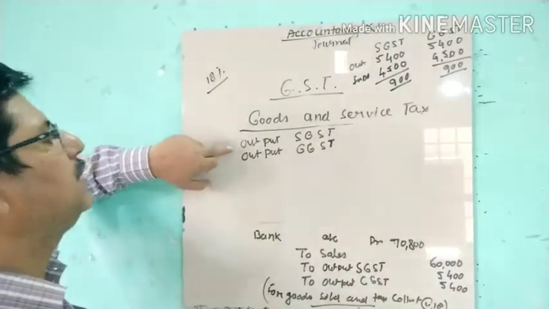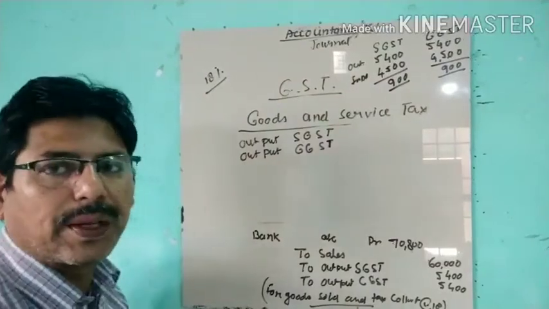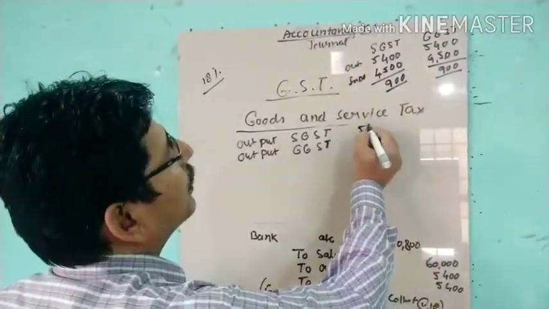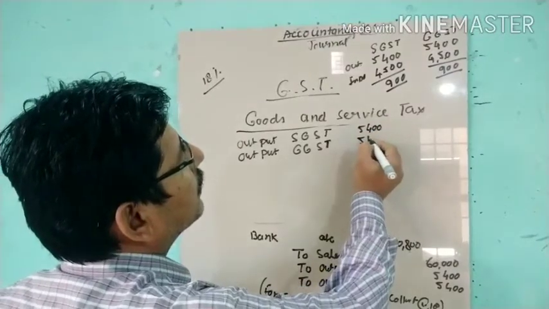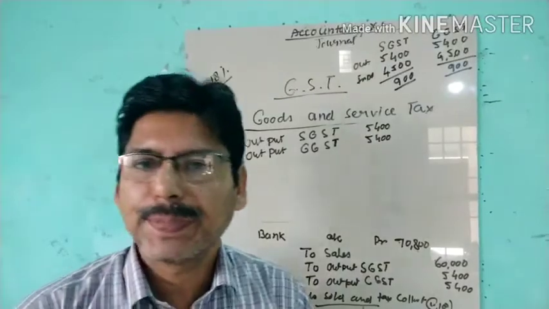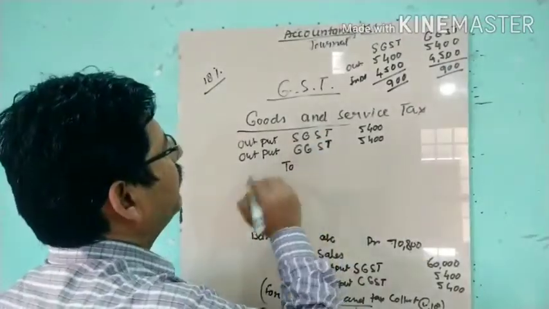So output SGST, output CGST. How much had we collected? 5,400 we had already collected. Now, how much had we already paid?